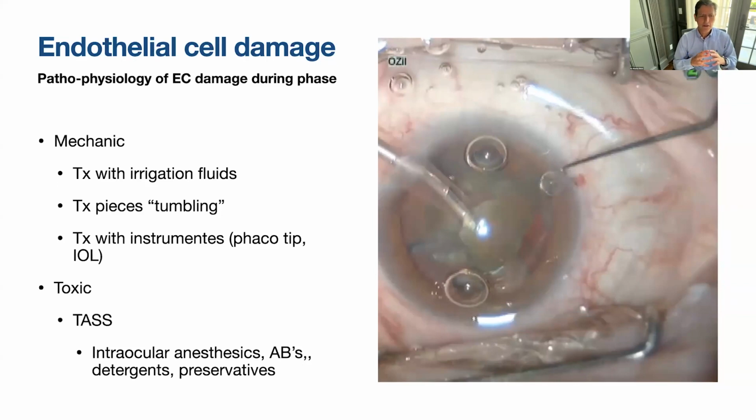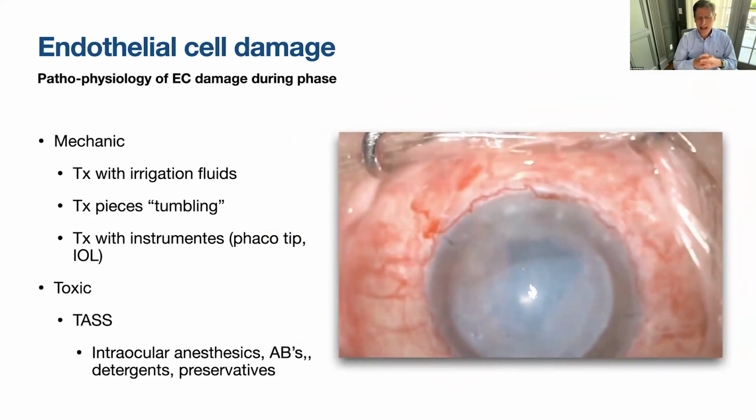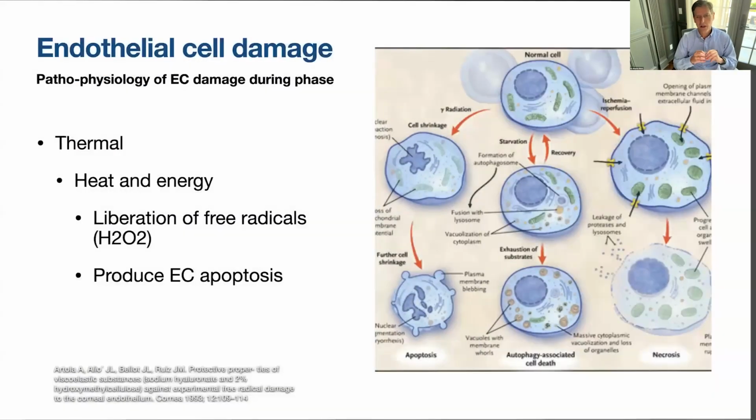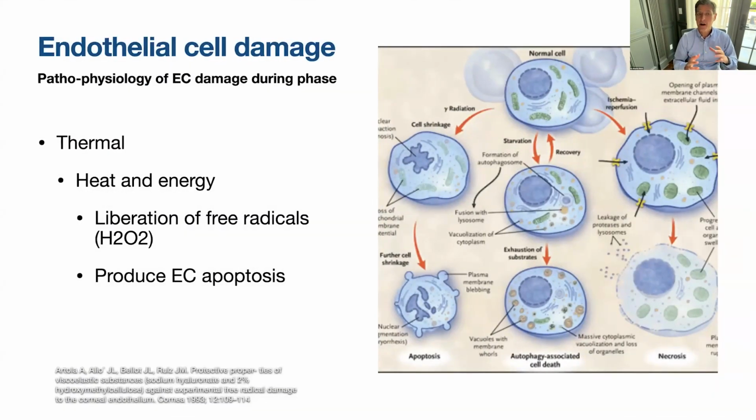It's really hard to know what causes it, but it's been thought that it could be caused by intraocular anesthetics, antibiotics, detergents from the washing of the instruments, and preservatives. And these all can obviously decompensate the cornea and lead to an endothelial transplant. And then there's thermal damage to the intraocular structures, which is caused by heat and energy.